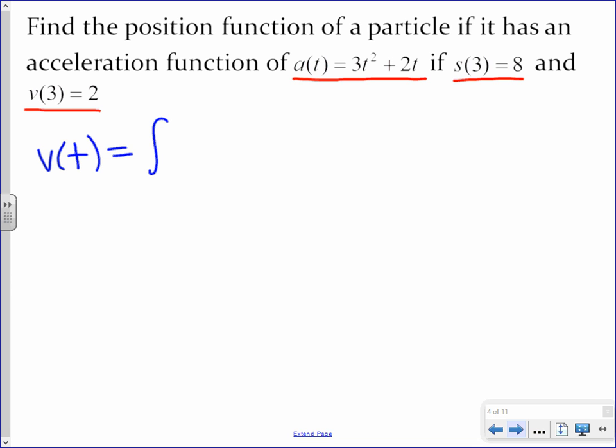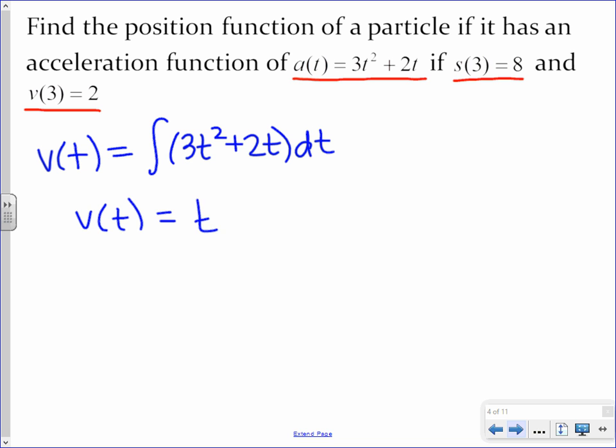So our velocity is just going to be the antiderivative of acceleration. Michael, what's the antiderivative of 3t squared plus 2t?